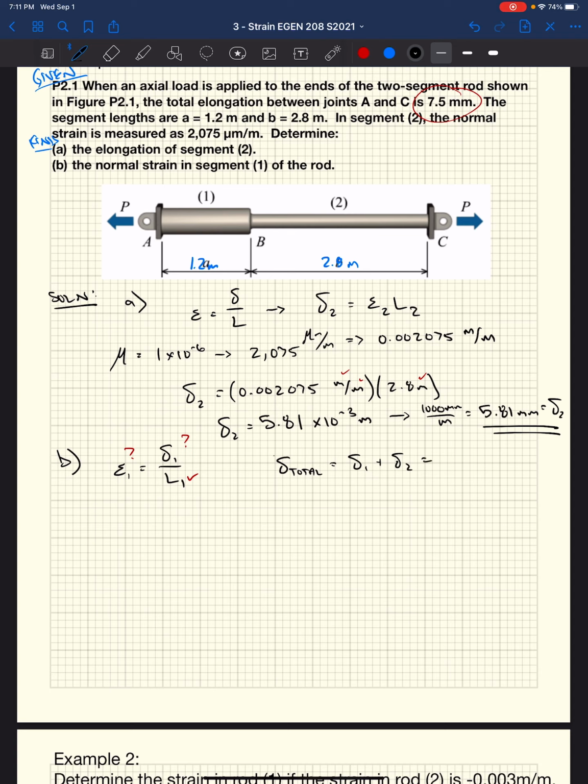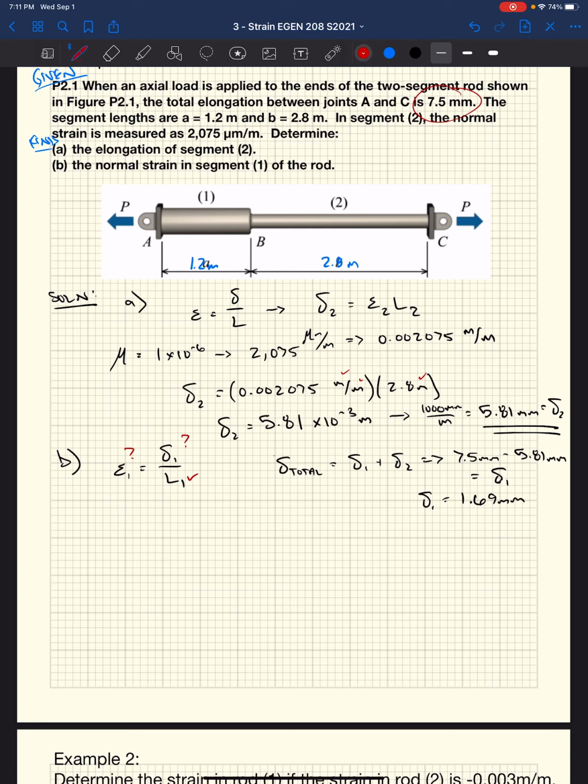So that essentially means that 7.5 millimeters minus 5.81 millimeters equals delta 1. If the total is 7.5, we take away the elongation that we calculated for segment 2. That gives us the elongation of segment 1. What does that mean? That means that segment 1 is 1.69 millimeters.